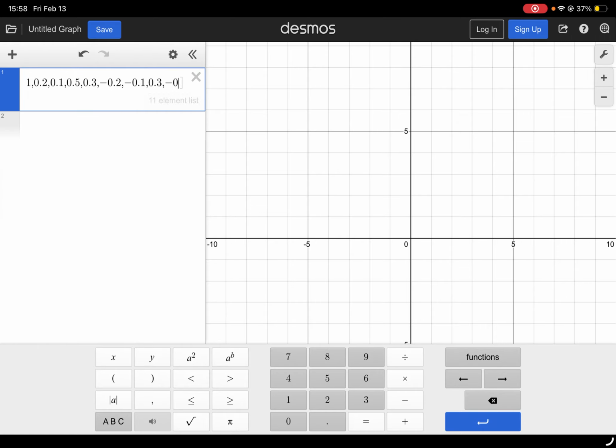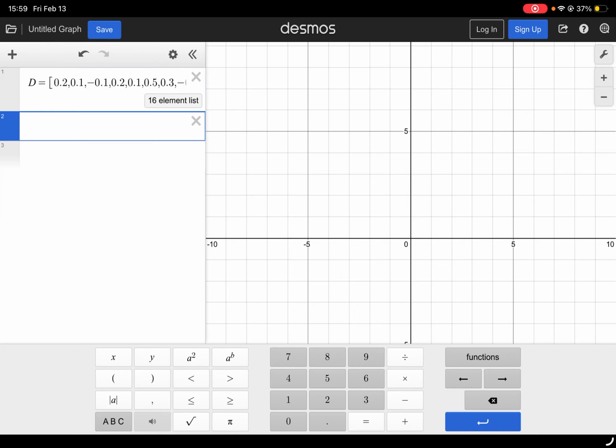Okay, negative 0.1, 0.5, 0.7, 0.1, 0.2, and then lastly negative 0.2. So I should have 16 elements because my sample size is n.